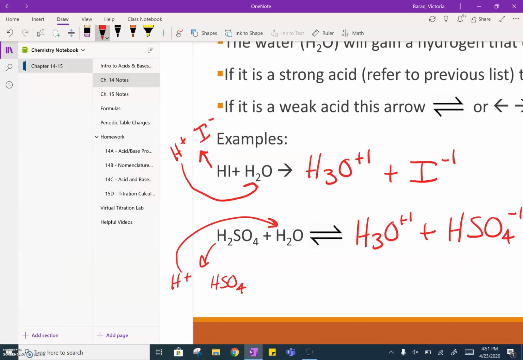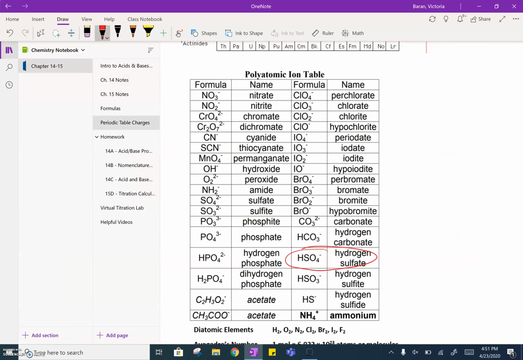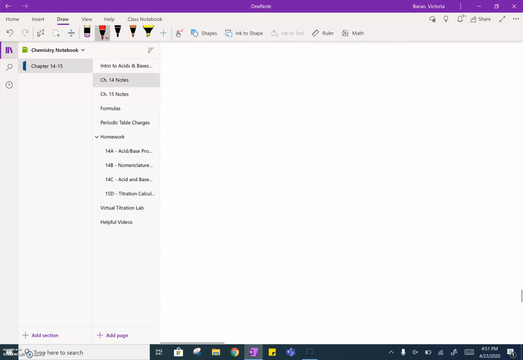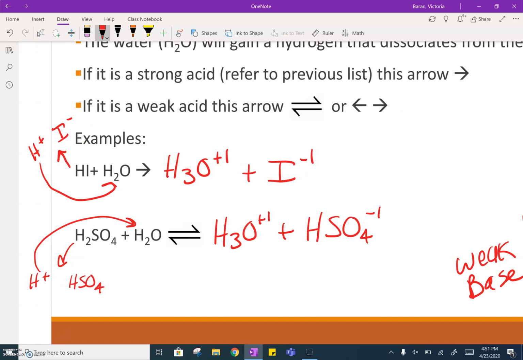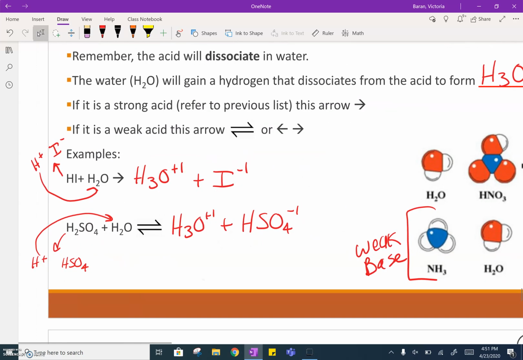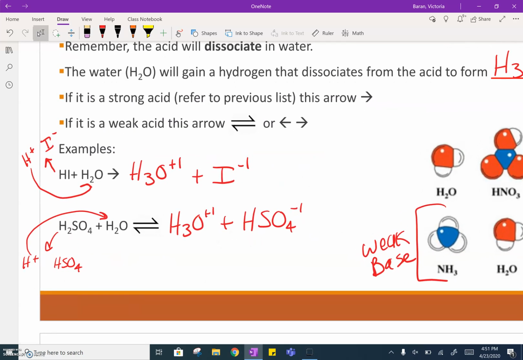Okay, again, make sure that you guys are referring to your polyatomic ion table. It will be very helpful. And this one is actually already balanced as well, so we do not have to write anything.